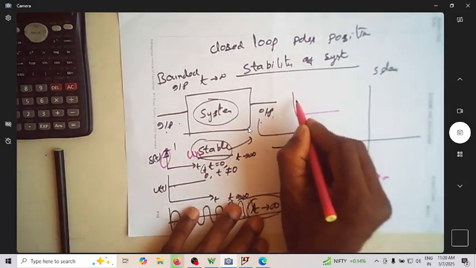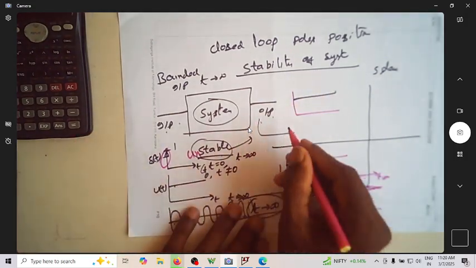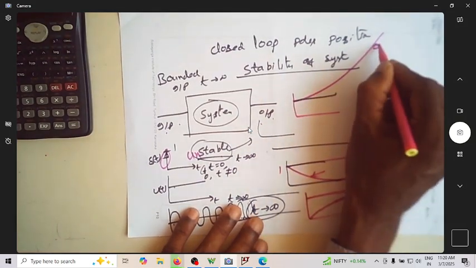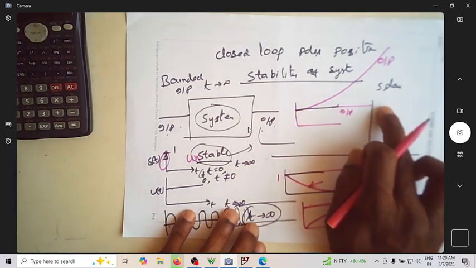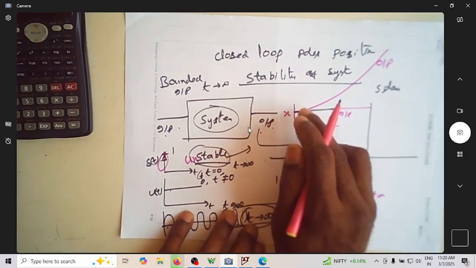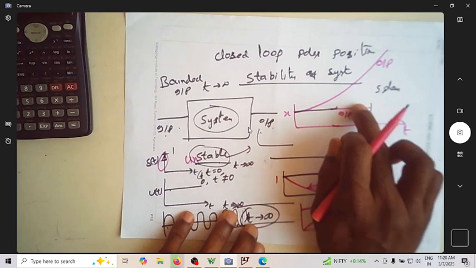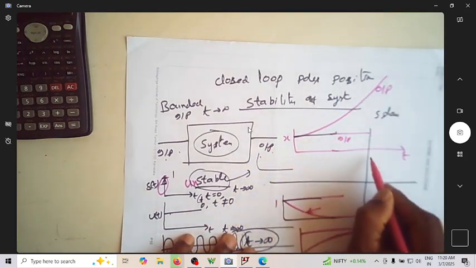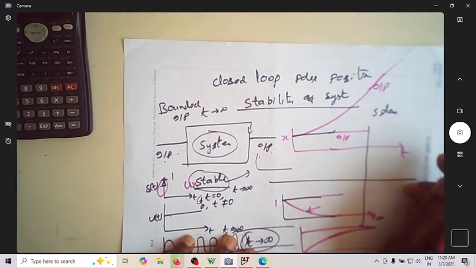Assume that you are given a step input. But assume that the output goes like this; this is your output, this is your input. Is your input bounded? It has some constant x value, which for t equal to infinity is also some value. Now this is your output. As t keeps on increasing, this keeps increasing. As t tends to infinity, what is this value?